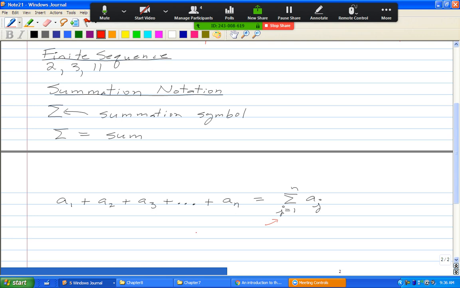Called the dummy index. And this is my lower limit. This is my upper limit.